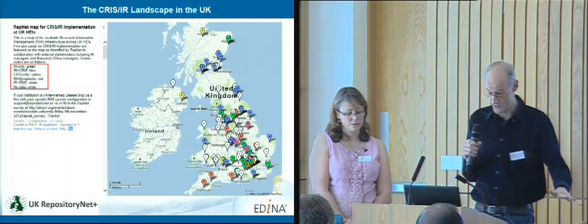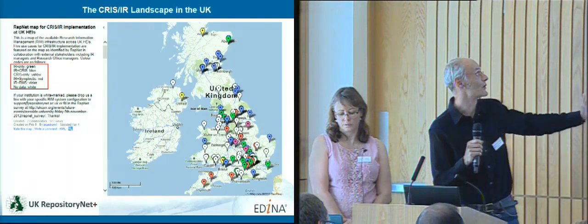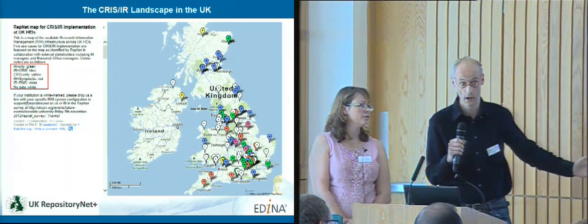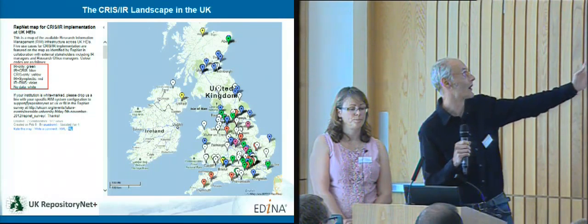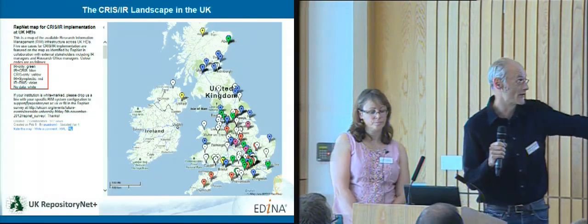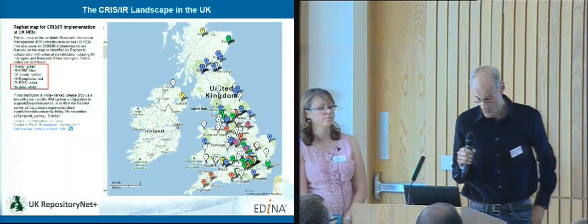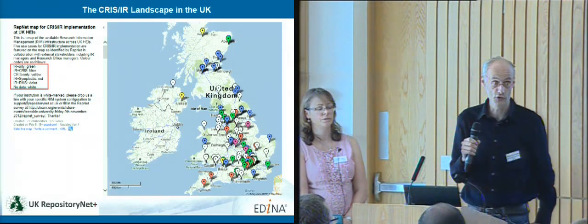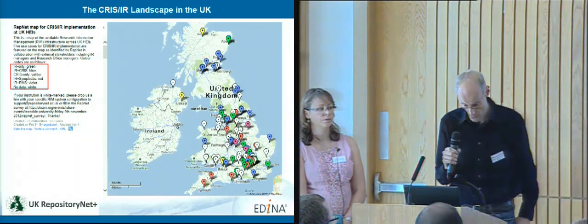So what the RepNet did was carry out a definition of a set of use cases in terms of system infrastructure availability, ranging from standalone repositories, which is quite a number of institutions anyway, those are the green dots on the screen, to CRIS-only solutions, which are nowadays relatively frequent.